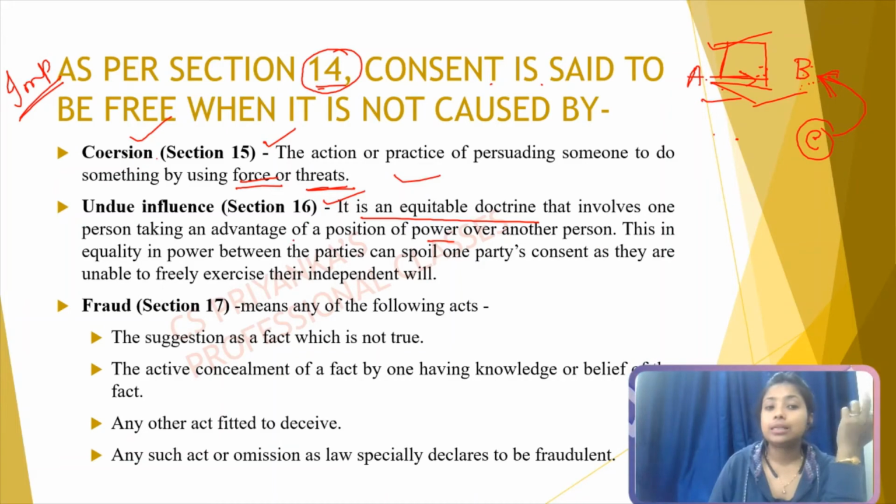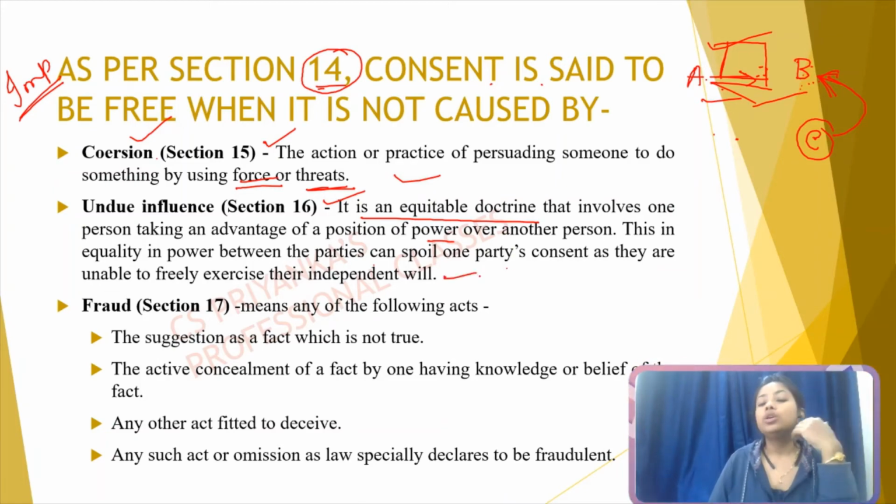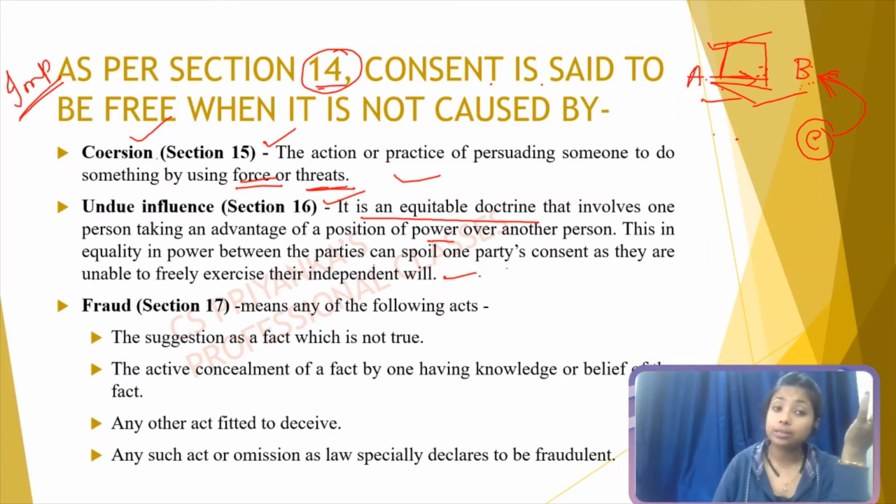This inequality in power between the parties can spoil one party's consent, as they are unable to freely exercise their independent will. So basically, a third party is continuously influencing you to do such an act. It's not your will. You are not doing it of your own.